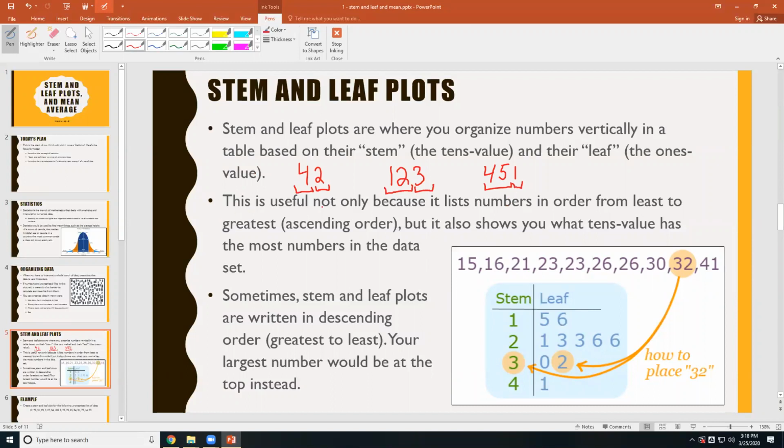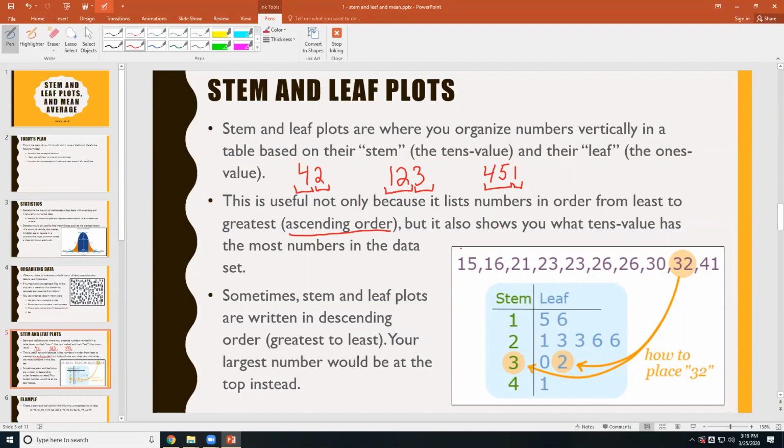Now, stem and leaf plots are useful not only because it lists numbers in order from least to greatest, which is another way of saying ascending order, but it also shows you what tens value has the most numbers in the data set. If you take a look at this picture here, they have a whole bunch of numbers. I was going to say that they're unorganized, but they're actually listed from least to greatest, which is kind of useful in itself.